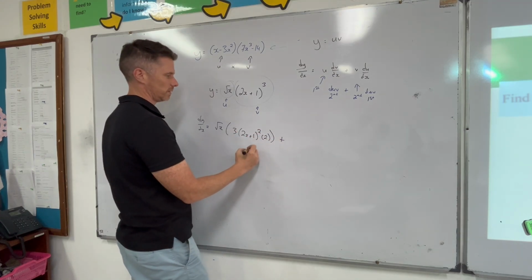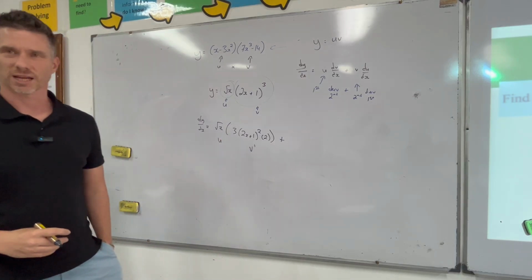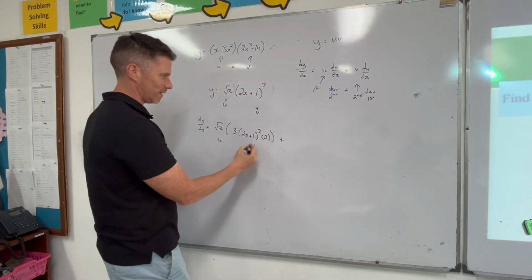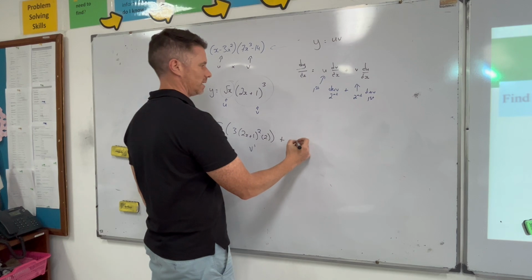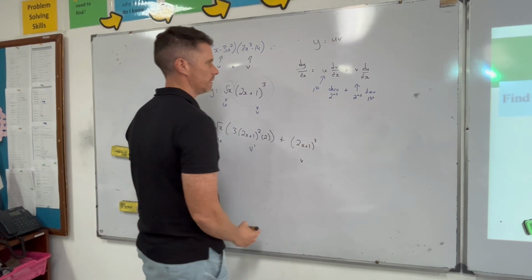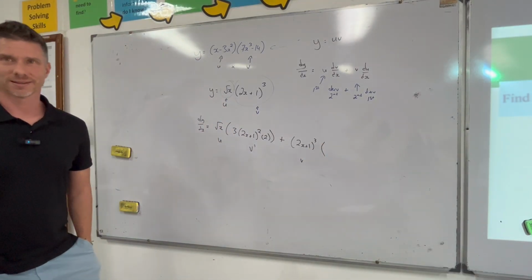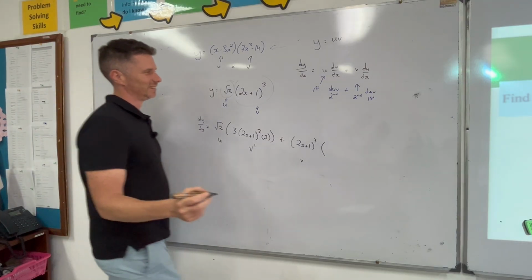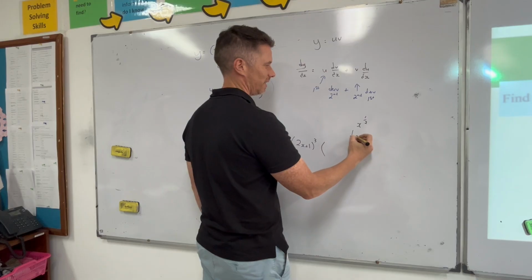If you ever see v dash and u dash, the dash stands for first derivative. If that was a minus 1, then we'd have inverse. And the second one then is 2x plus 1 cubed, which is just v, times the derivative of this, which is x to the 1 over 2, so x to the half multiplied down by a half.